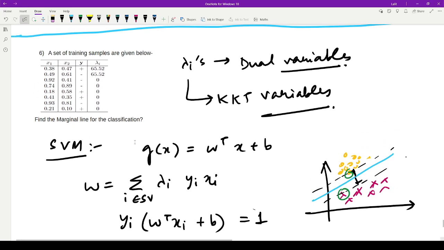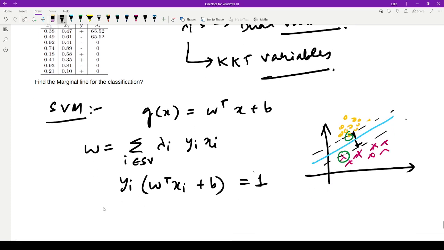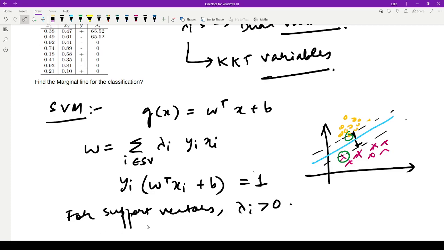For support vectors, lambda i will be positive, greater than 0. For non-support vectors, lambda i will be 0.